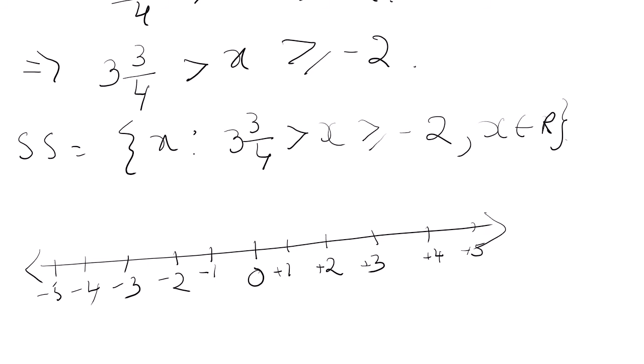Okay, so now 3 3 upon 4 will be between 3 and 4.